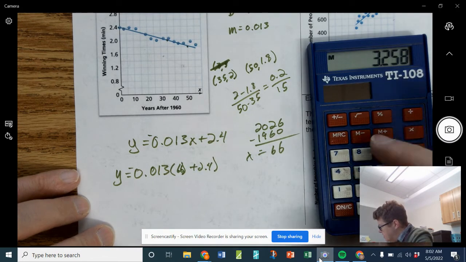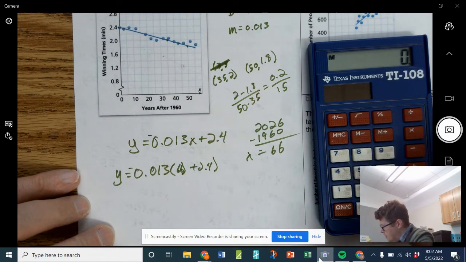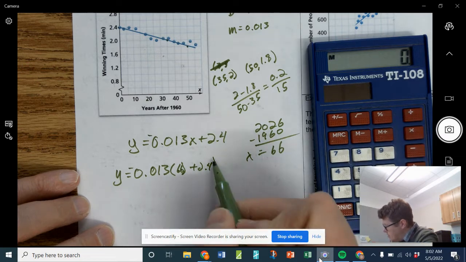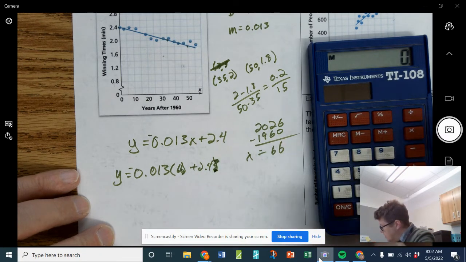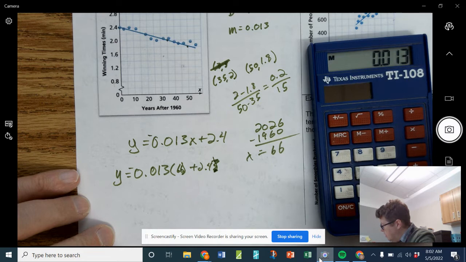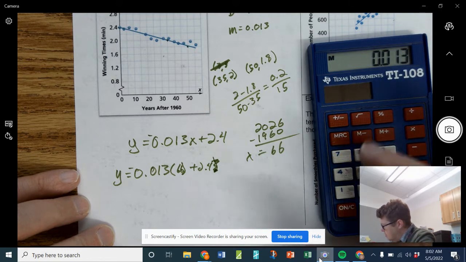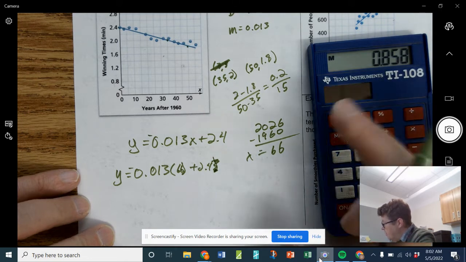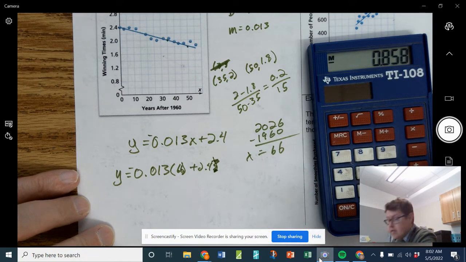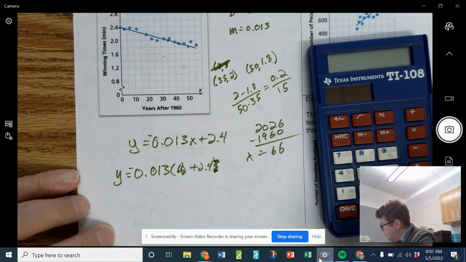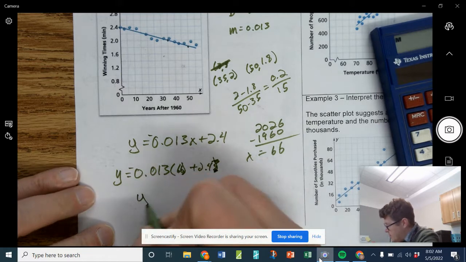So what it's actually going to be is, I'm going to clear this out. I don't need a parentheses right there. 0.013 times 66. Okay, there we go. That's much better. We make that negative, and then we add 2.4. That makes much more sense.